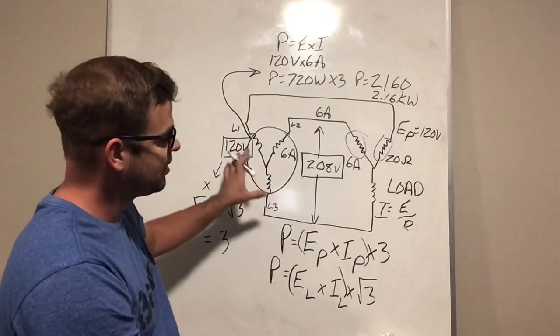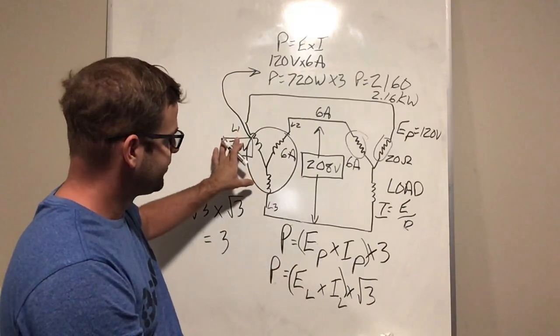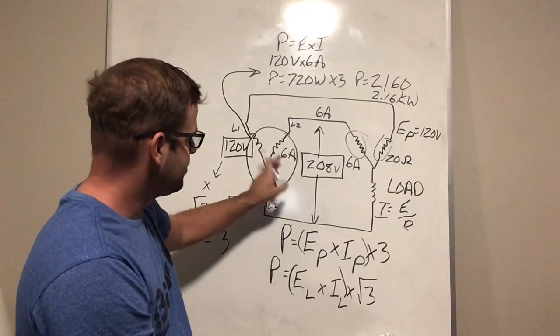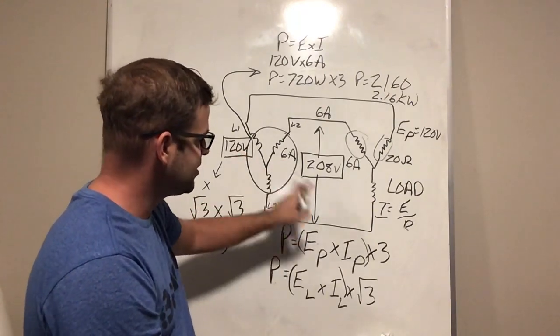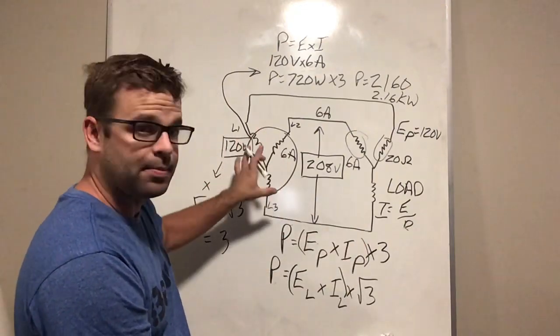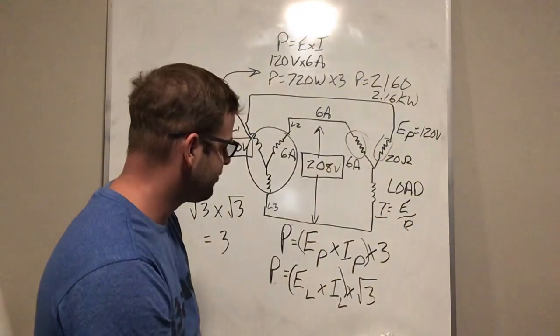So if you're only using phase values, I do E phase times I phase times 3. It gives me the total power of the supply or the load per phase.